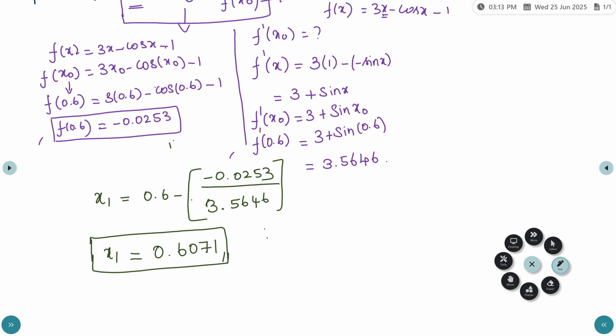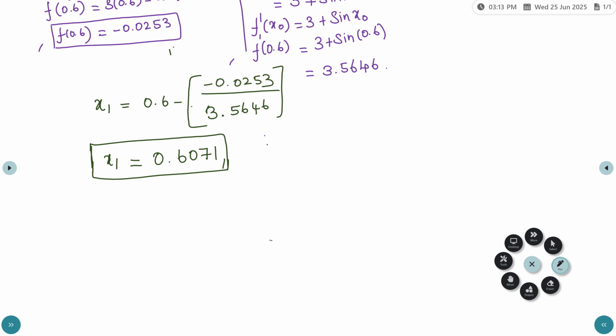Next, you are going to find the next value. The next consecutive value is x2. What is x2? In the formula, you are going to substitute n equal to 1. So you get n plus 1, 1 plus 1 is 2.